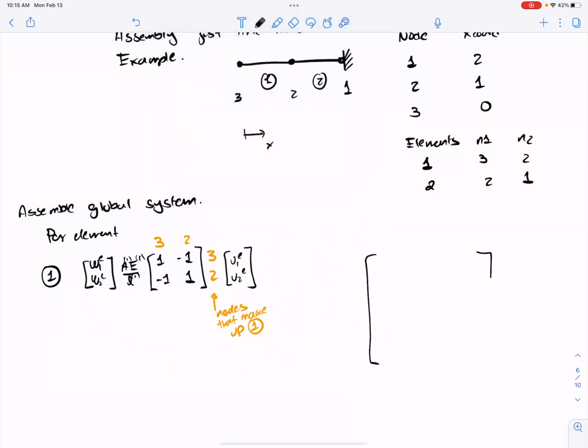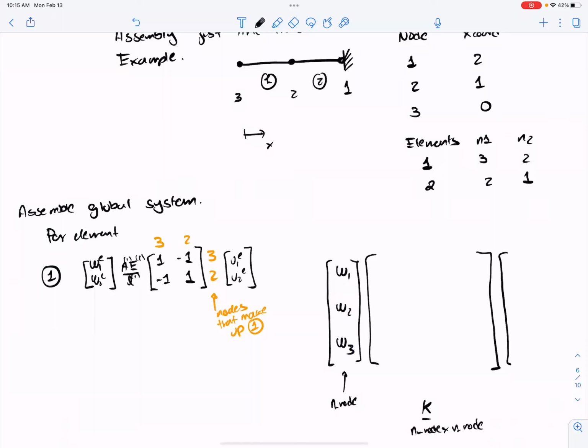I'm going to have a big K matrix. I'm going to have a big W1, W2. Well, it's actually just three. There's only three nodes. So this should be the size of the number of nodes times number of nodes. And then I'm going to end up multiplying by U1, U2, U3.